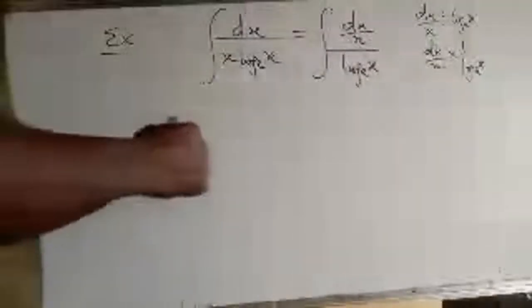Because dx over x divided by log x base e is the same thing as dx all over x times 1 all over log x base e. So you are going to get dx all over x log x. So you can see, what a funny question.